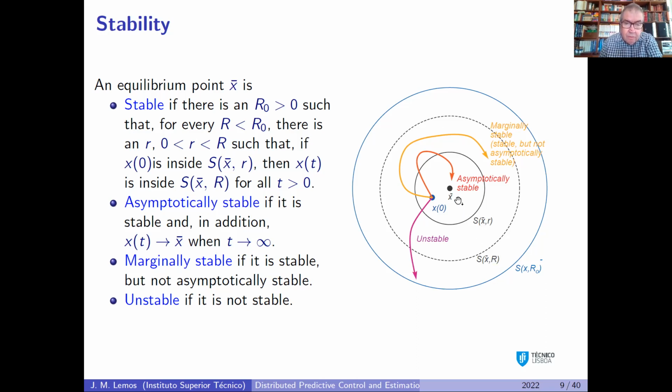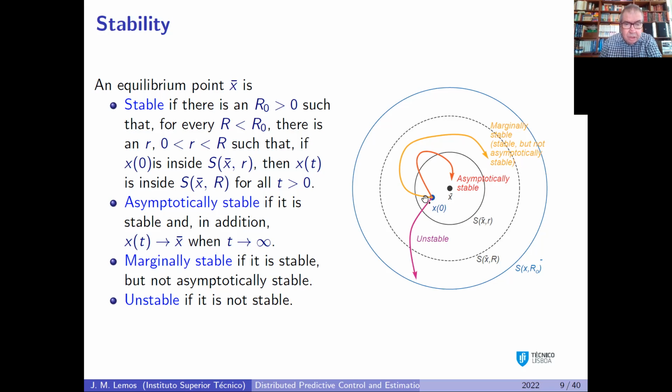And I should be able to find another small r, which is probably smaller, and so on. So for any radius of this dotted line that Tiago specifies to me, I should be able to find another smaller ball such that if my initial condition starts in this smaller ball, whatever the initial conditions are, it will remain inside the dotted line.